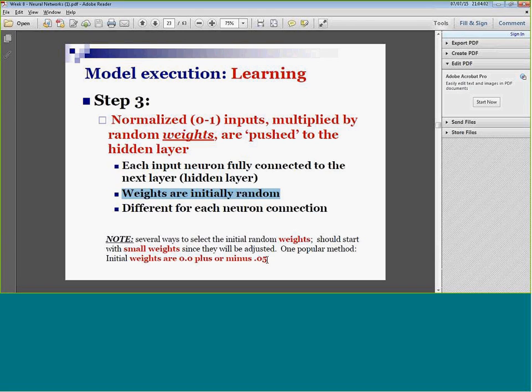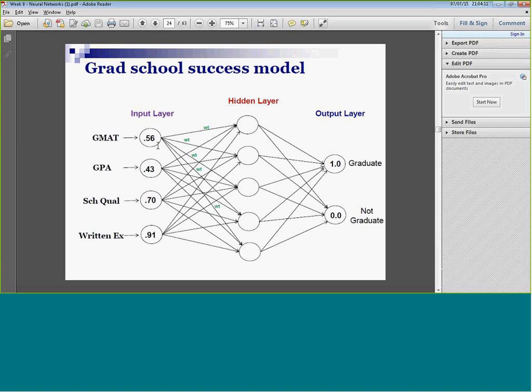Okay, that's one popular method. Small weights. These are going to get adjusted later on. And of course, they'd be different for every connection. So for example, this 0.56 is going to have 1, 2, 3, 4, 5 weights. Each of those will be multiplied by 0.56, and that number will go here. But these weights will all be different. Every one of these green weights will be different.